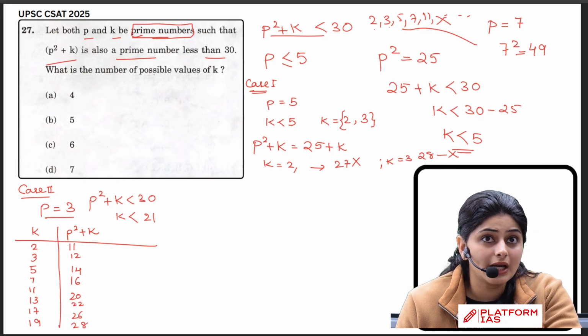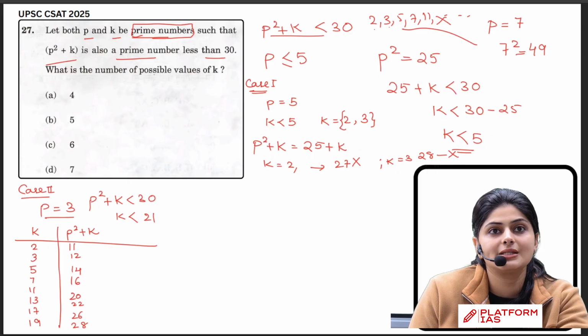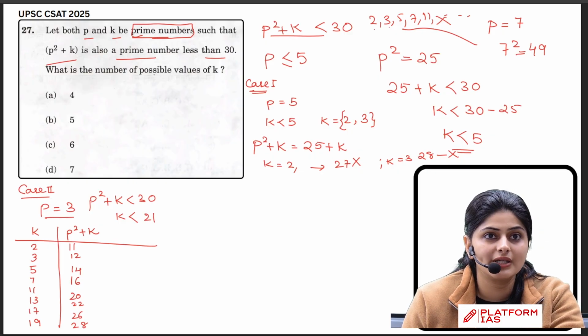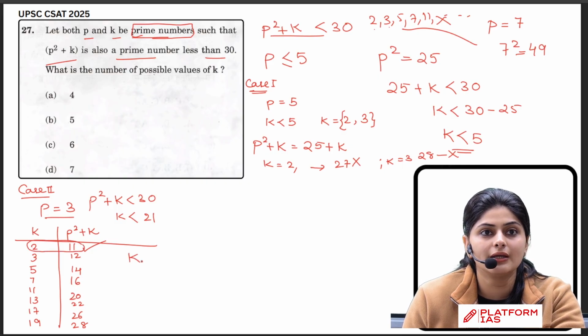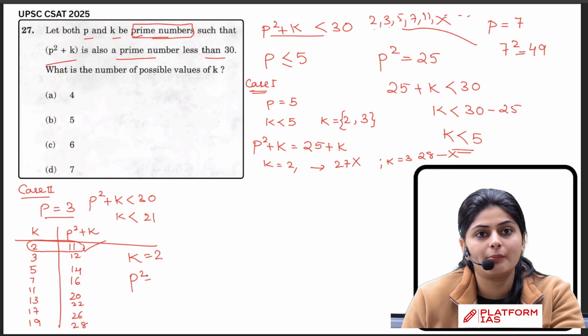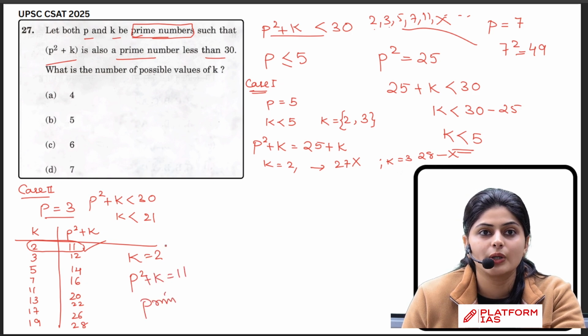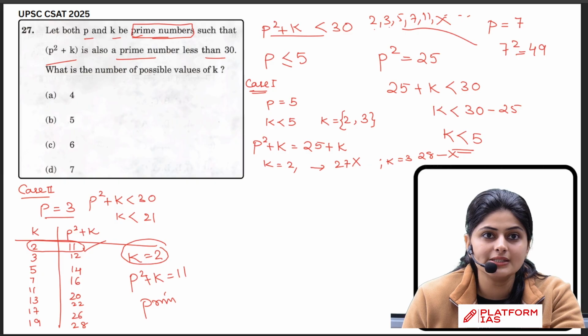Now what is the condition? That p square plus k is a prime number. So which values of k satisfy this condition? Only one value. That is k equal to 2 will give me p square plus k equal to 11, which is a prime number. So here only one value of k is possible.